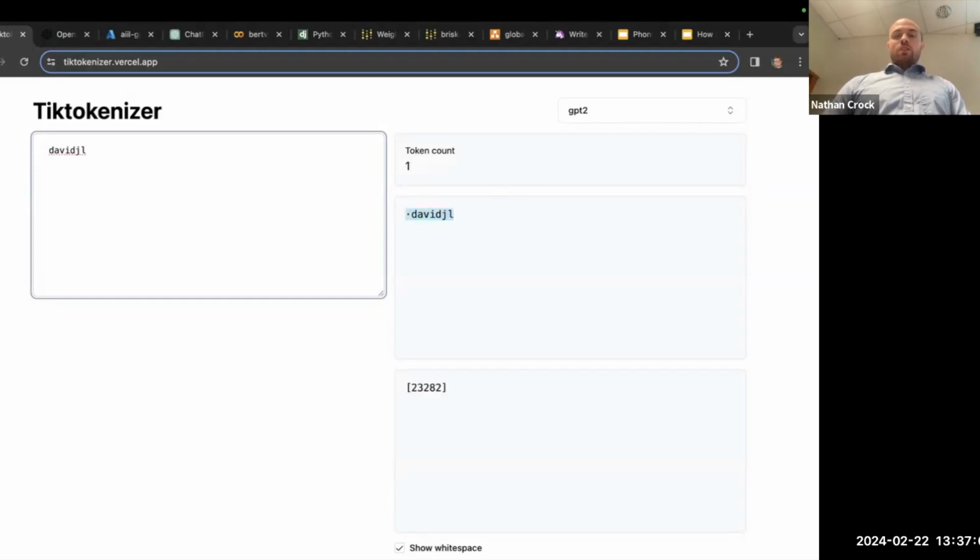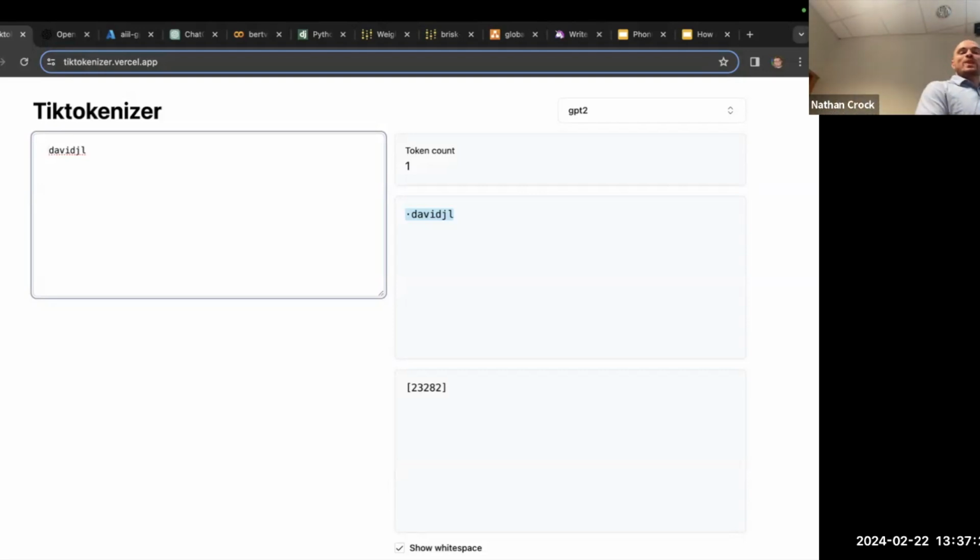What if I put a space in front of it? What the heck just happened? For some strange reason, there's this single token, space David JL, that the byte pair encoding algorithm decided is super important that all of these characters be chunked together. Why and how did that happen?